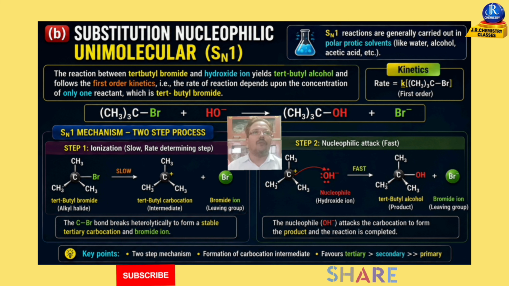That is, the rate of reaction depends upon the concentration of only one reactant, which is tertiary butyl bromide.